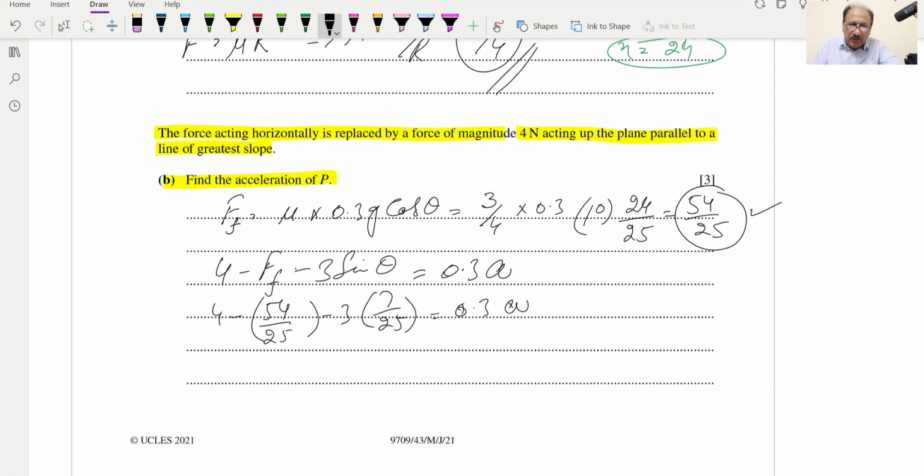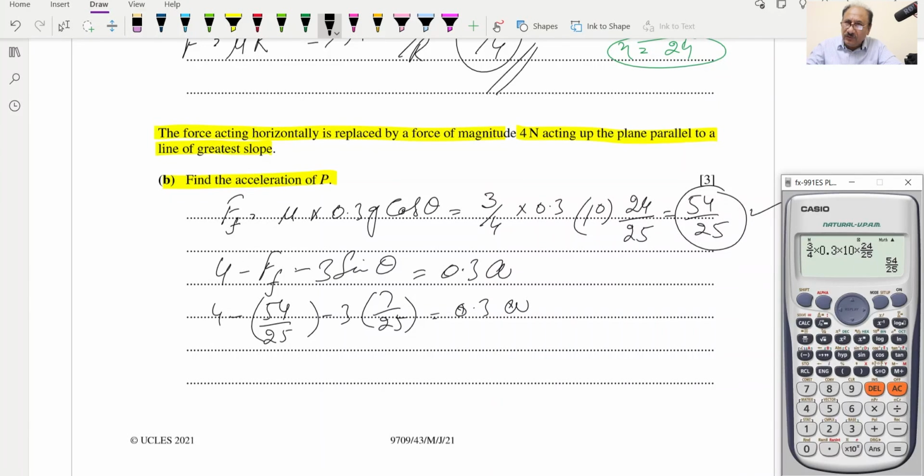Now we can find the a value. We can simplify this side first, so it will be 4 minus 54 over 25, and next minus 3 in brackets 7 over 25, bracket close, and this is equal to 1.